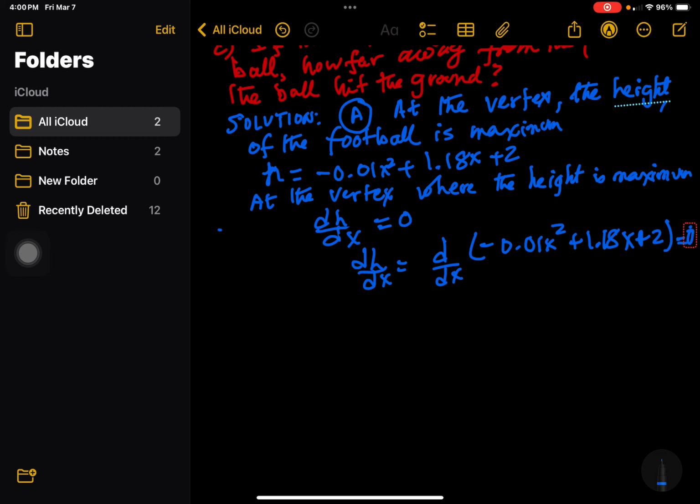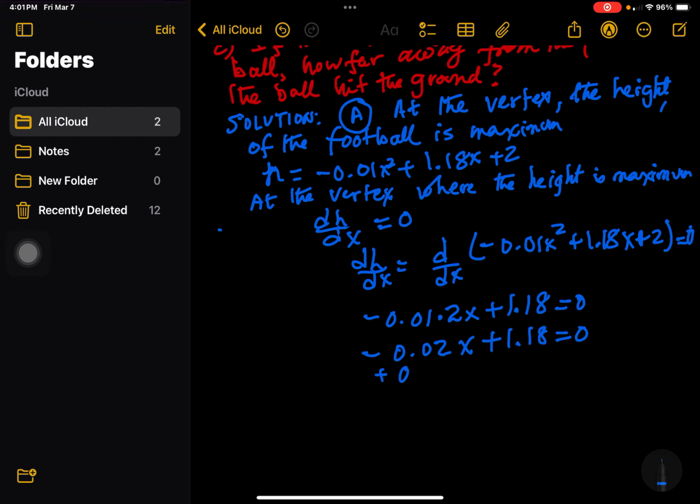Okay, so we do the derivative of x square, we know is 2x. So minus 0.01 multiplied by 2x plus 1.18 equal to 0. Because derivative of the constant term 2 is 0. So if you have to solve for x, it is minus 0.02x, because 2 multiplied by 0.01 is 0.02, plus 1.18 equal to 0.